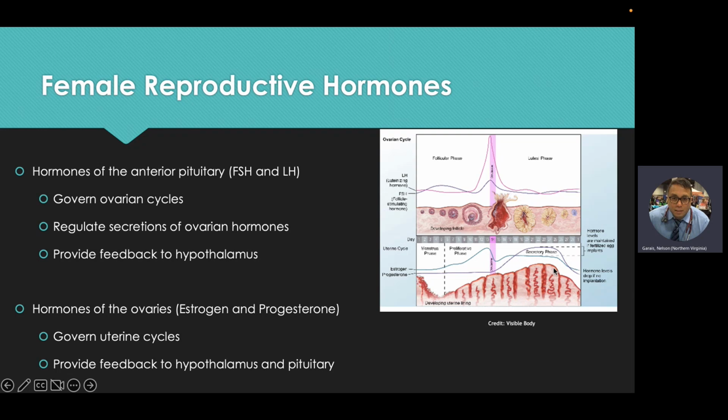And if there's no implantation, if no sperm met with an egg, then what will happen? Hormones will drop and it'll signal for the cycle to start over again. But if you're pregnant, the progesterone levels will be maintained by the placenta, and then you'll keep going. You won't have menstrual bleed. You'll miss your period, and that's one of the first signs and symptoms that you could potentially be pregnant.